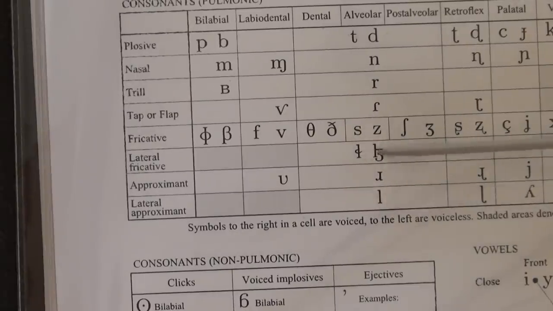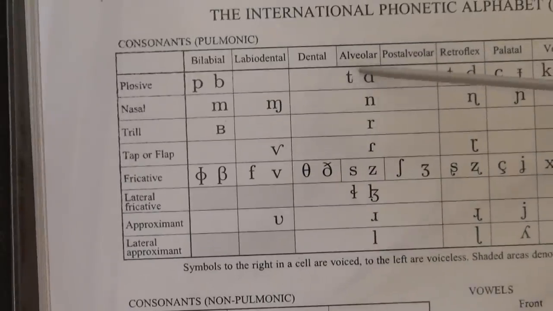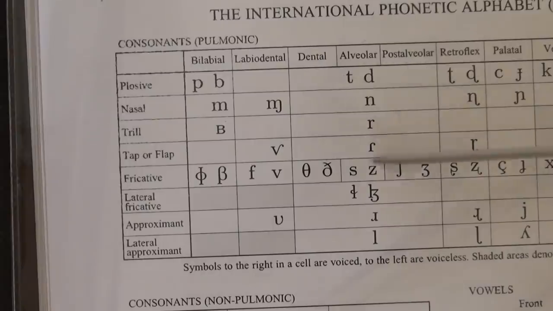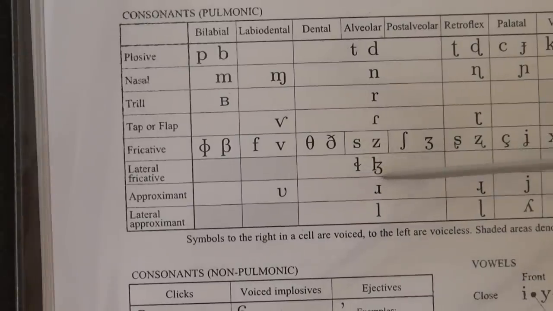Not sure which L I'm using, mostly when I speak. That's a neutral L to me. It's definitely alveolar. I would say it's this one, but I'm not sure. It could be this one. Oh, this one.